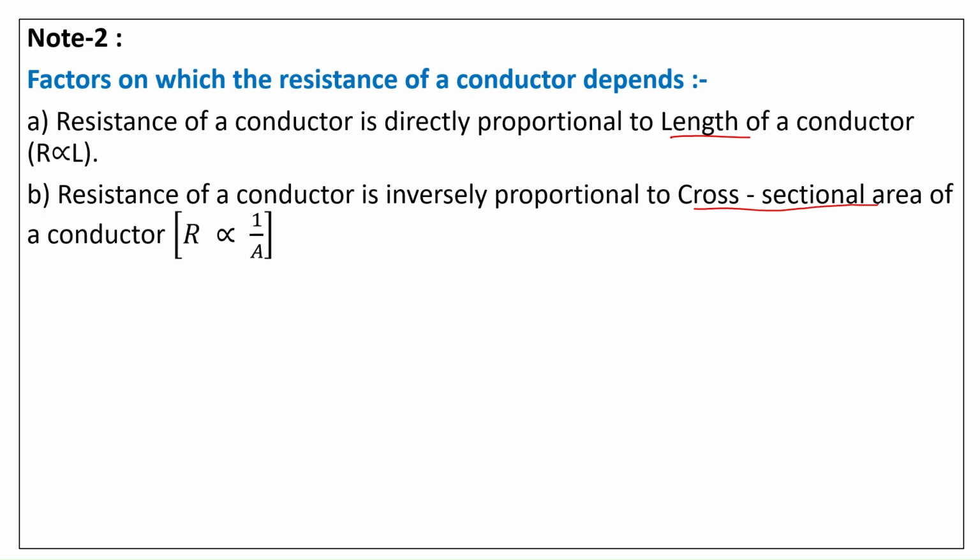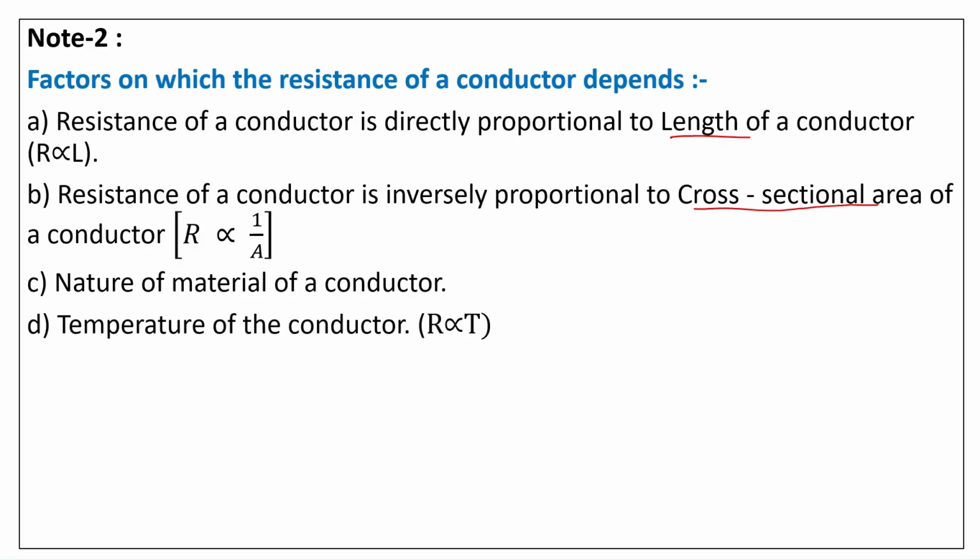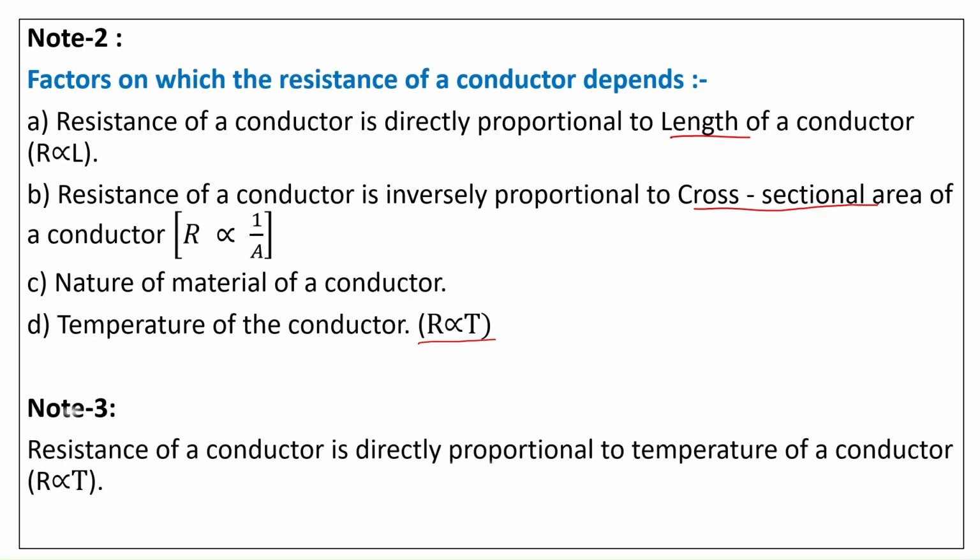That is, R inversely proportional to 1 by A. C. Nature of material of a conductor. D. Temperature of the conductor. That is, R directly proportional to T. Note 3. Resistance of a conductor is directly proportional to temperature of a conductor.